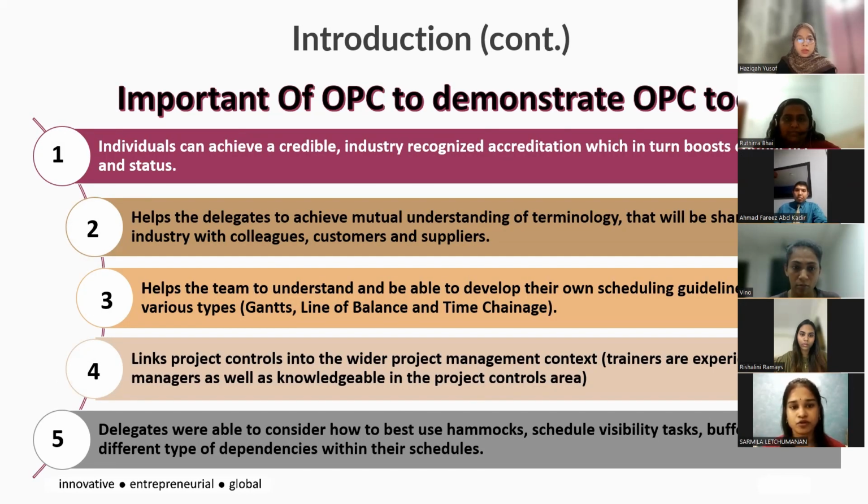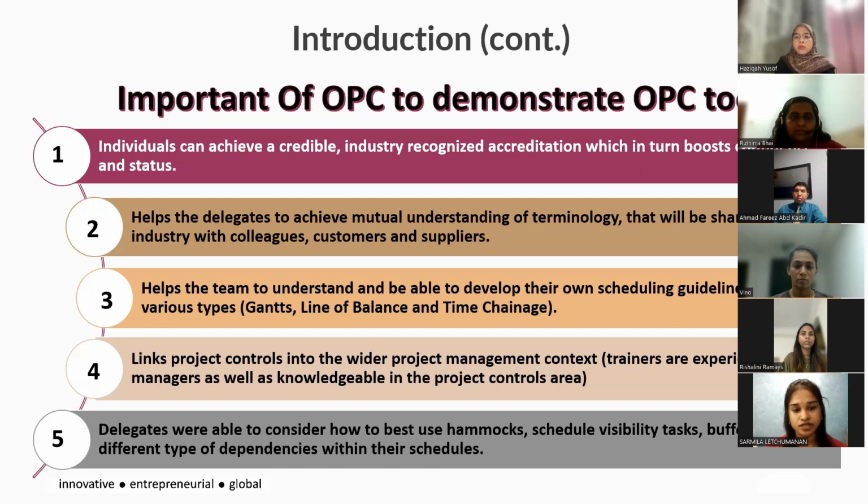Then the importance of OPC, to demonstrate the OPC tool. First, individuals can achieve a credible, industry-recognized accreditation, which in turn boosts confidence and status. Second, it helps the delegates achieve a mutual understanding of terminology that will be shared across the industry with colleagues, customers, and suppliers. Third, it helps the team understand and be able to develop their own scheduling guidelines and the various types, for example Gantt, line of balance, and time charts.